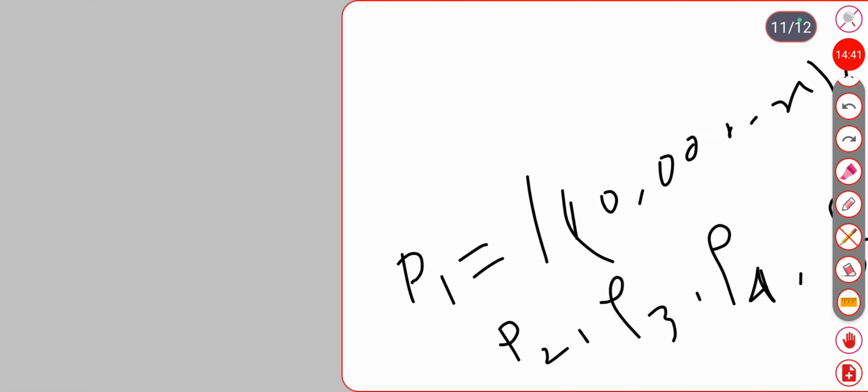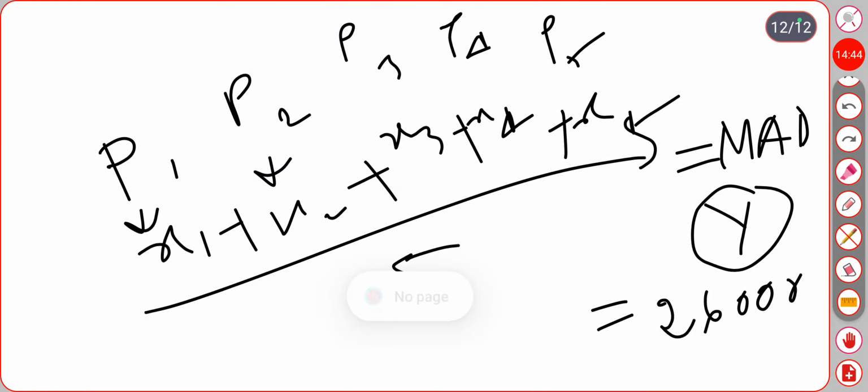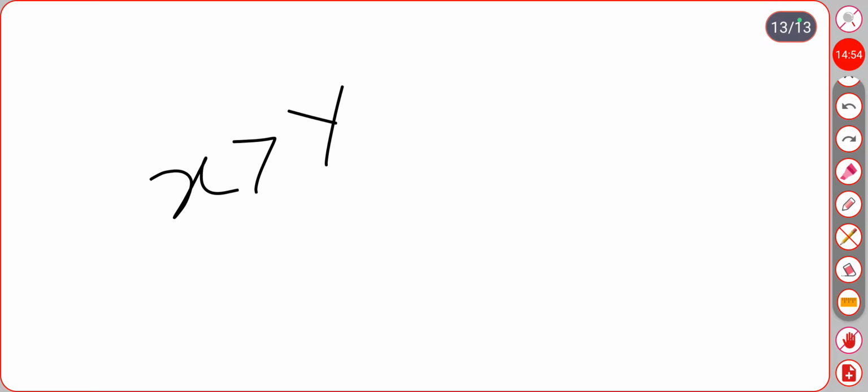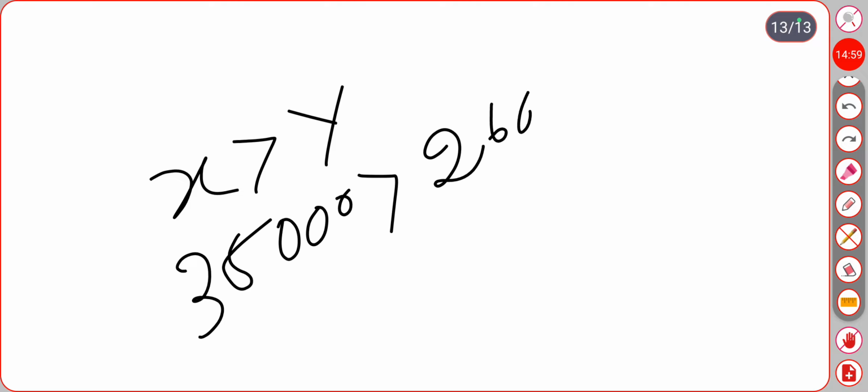So which one is greater, x or y? We can easily say that 35,000 is greater than 26,000. So the actual and expected differ.